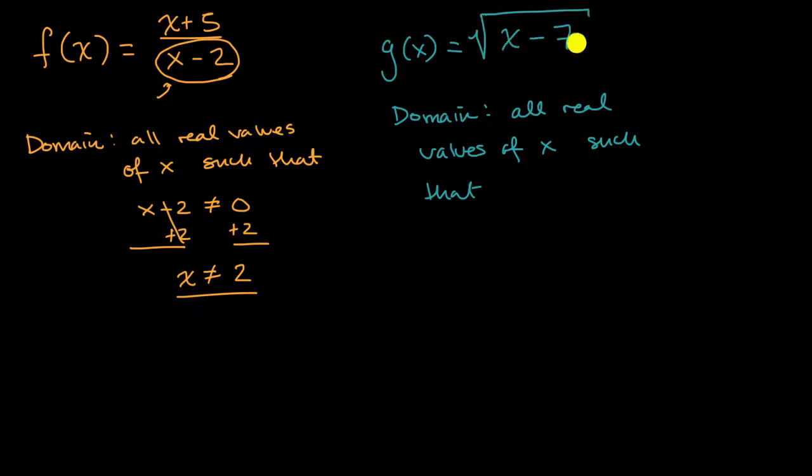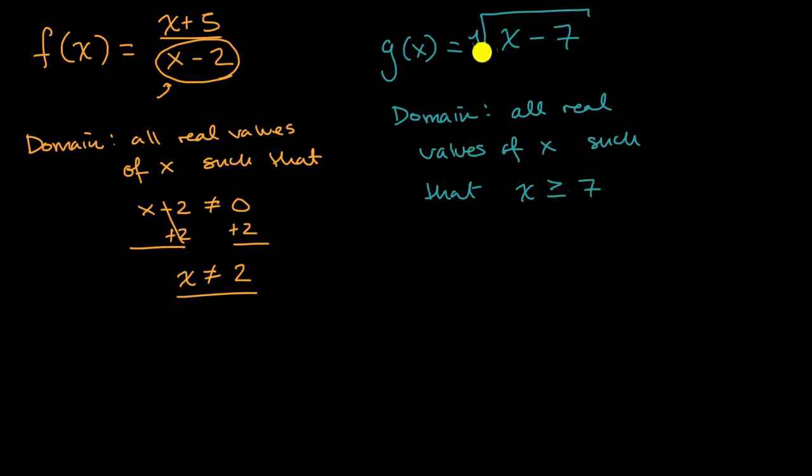And so x minus 7, whatever we have under the radical here, needs to be greater than or equal to 0. Another way to say that is if we add 7 to both sides, that x needs to be greater than or equal to 7. So let me just write it that way. So such that x is greater than or equal to 7.